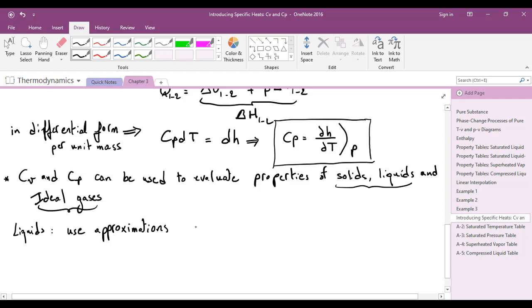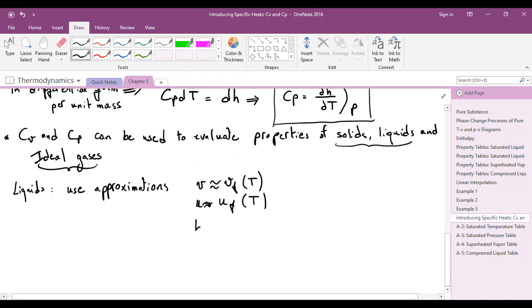We said that the specific volume can be approximated as Vf at T, and the internal energy approximately Uf at T, and the enthalpy also is Hf at T plus the term Vf at T times P minus P sat.